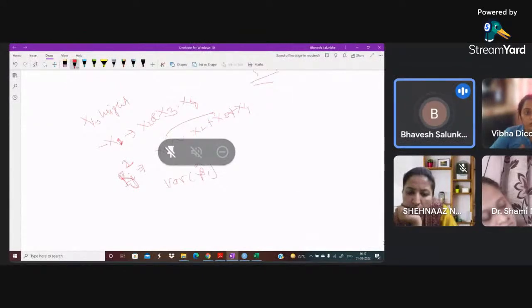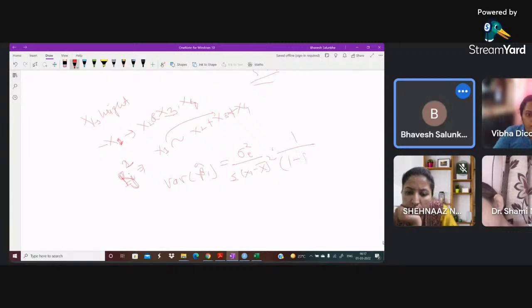beta hat 1 formula, which will be nothing but sigma square upon summation of xi minus x bar square, upon 1 minus R square j. Now you change the variable: instead of x1, you put x2 as the j variable and regress x2 on the remaining variables, regress x3 on the remaining variables, and so on.